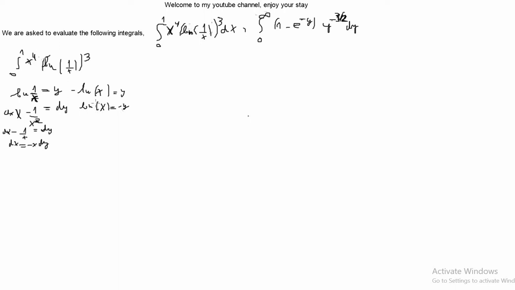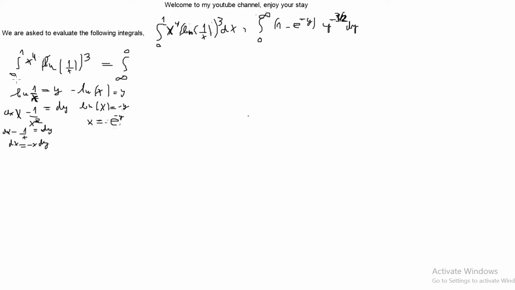When we do e to the power of this, we get x equals e to the power of minus y. Okay, this looks weird. So how do our boundaries change? Our integral was going from 0 to 1, but when we put 0 here, we get infinity. And for 1, ln of 1 is 0, so 0.